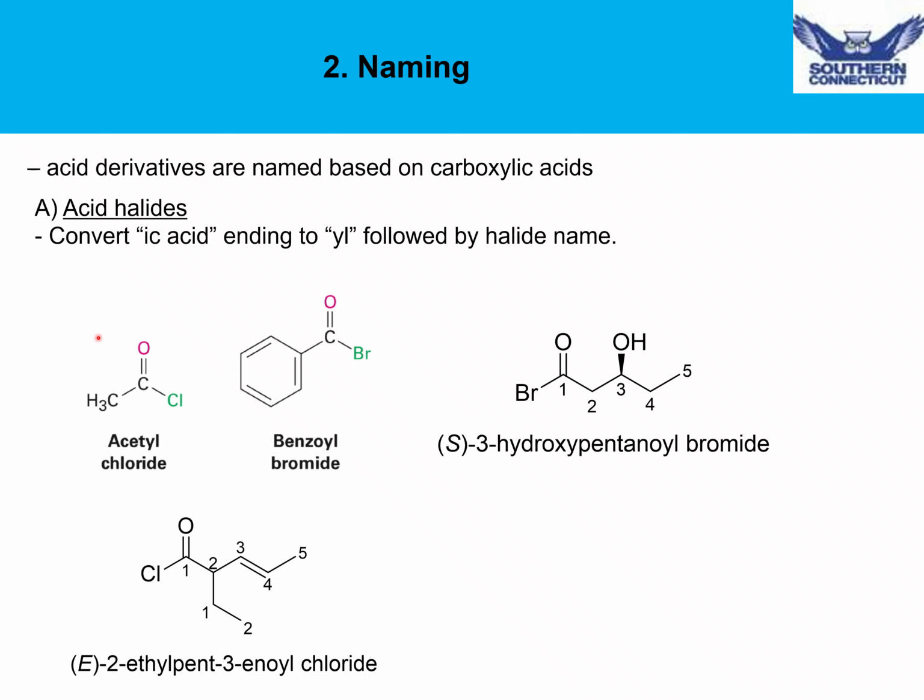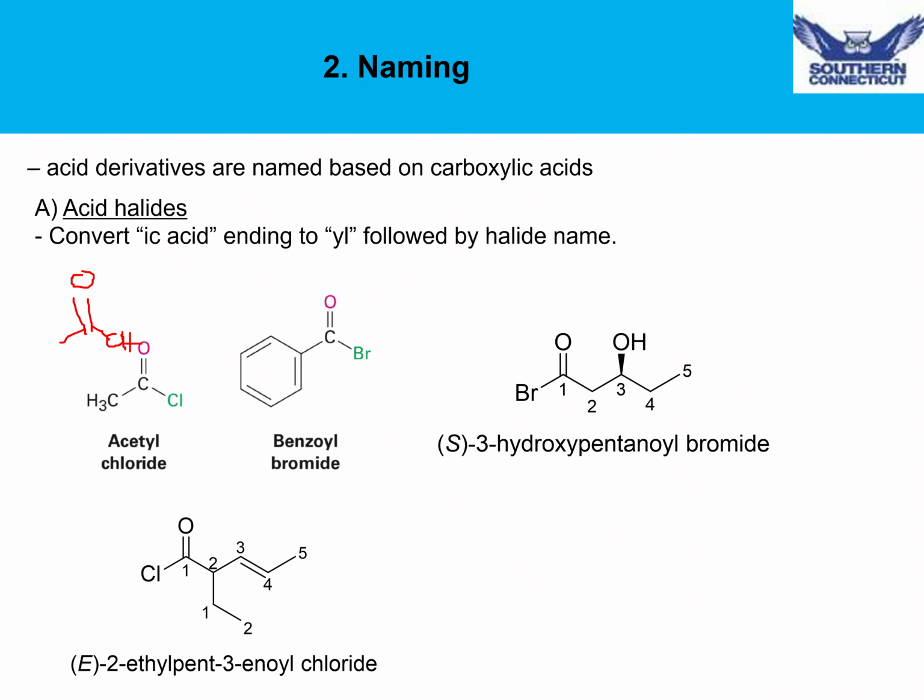As an example, here we have acetyl chloride. So this compound is named from the carboxylic acid that it came from. That carboxylic acid would be acetic acid, which has this structure. It has a carboxylic acid and a methyl group here.